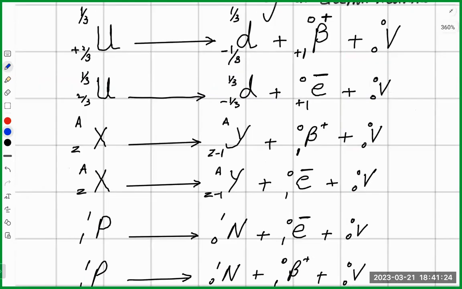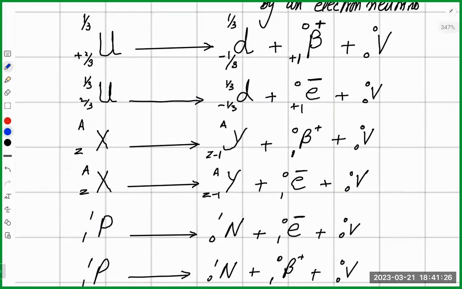I'm talking about the third equation. When X releases a beta plus particle, whenever you see a beta plus particle, you have to understand a proton is being converted to a neutron. So the number of protons decreases by 1, so you can see Z minus 1. It means the new number of protons is 1 less than before. But there's no change in A. The mass number stays the same.